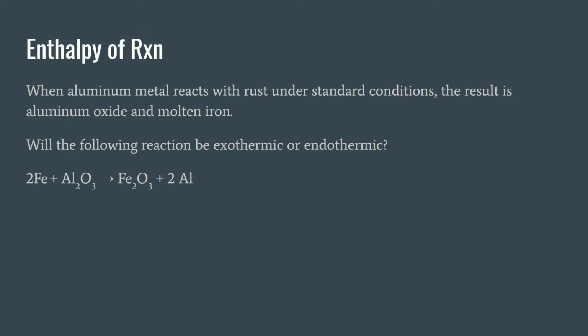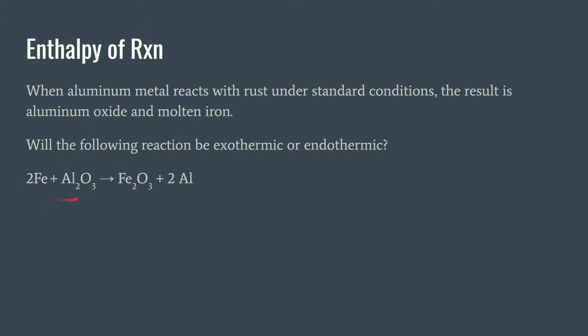All right, now, is it exothermic or endothermic? Well, the answer is hidden right here. It produces molten iron. In other words, it releases so much energy that the iron that is produced is molten. That is to say, it's melted. It is liquid. So it is incredibly exothermic.